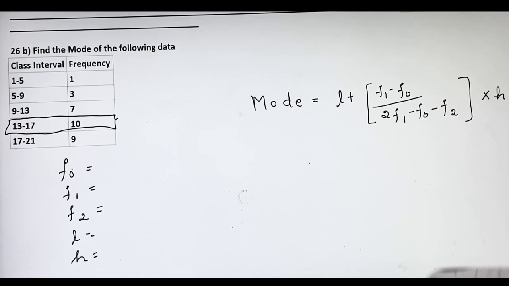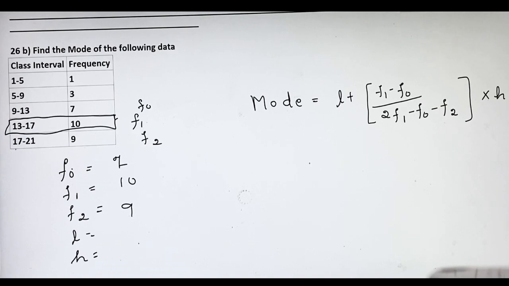The highest frequency here is 10, so we name this as F1. Preceding this value is F0, and succeeding this value is F2. Here F0 is 7, F1 is 10, and F2 is 9. What is the value of L?